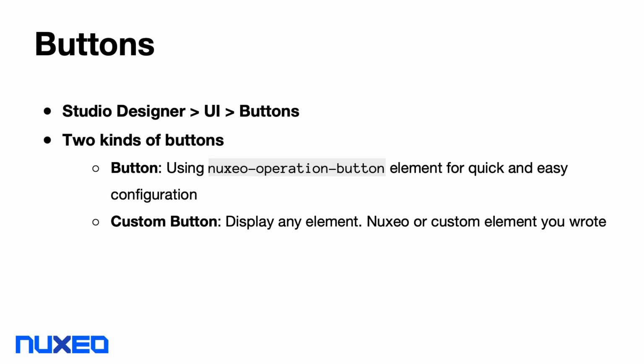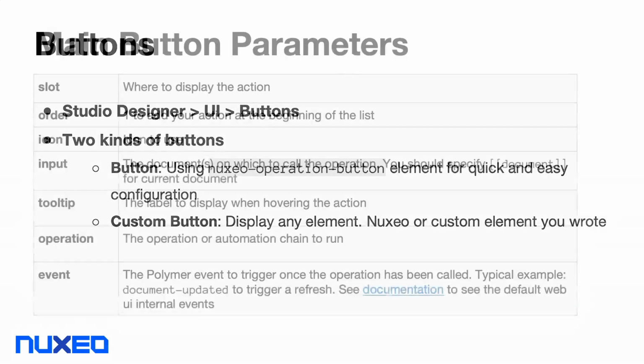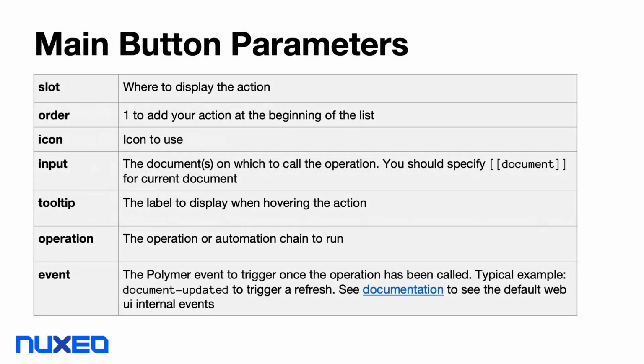Let's have a look at the different properties you have to fill when creating a button. It will ask you first where to display the action, the order, the icon you want to set. You can use a custom icon if you want to, and the kind of input. If it's referring to the current document, you have to use bracket document. If the input is a selection, you have to use select items.